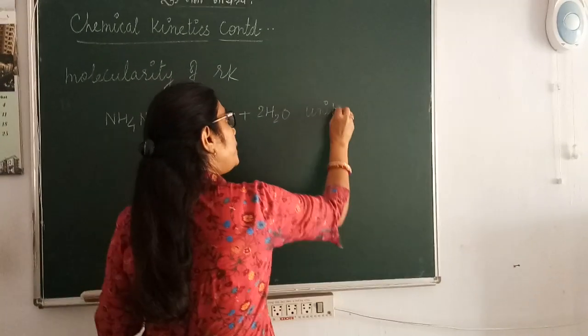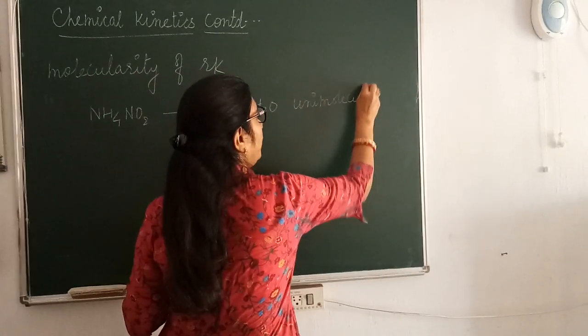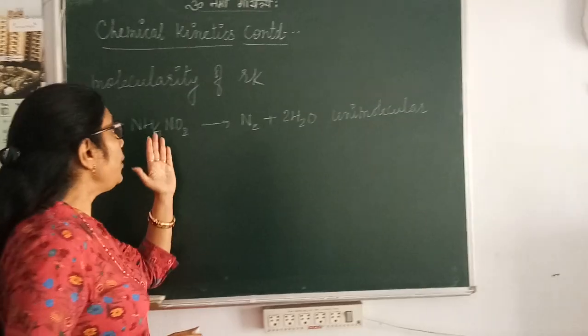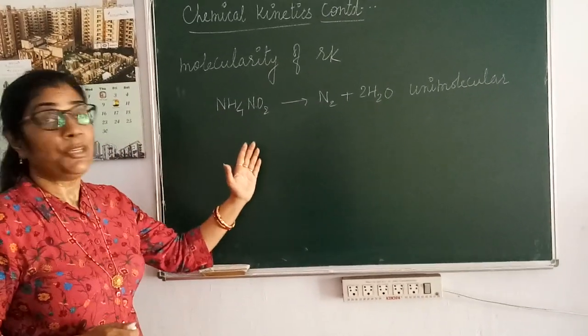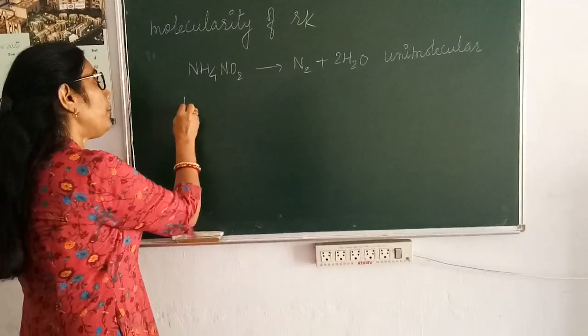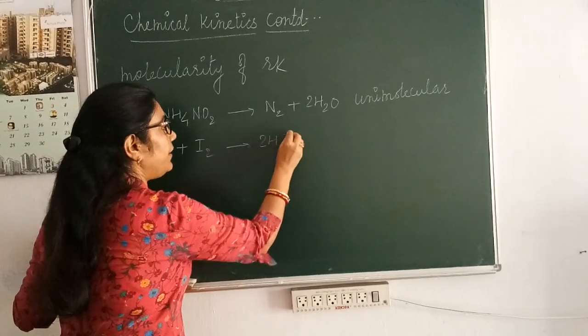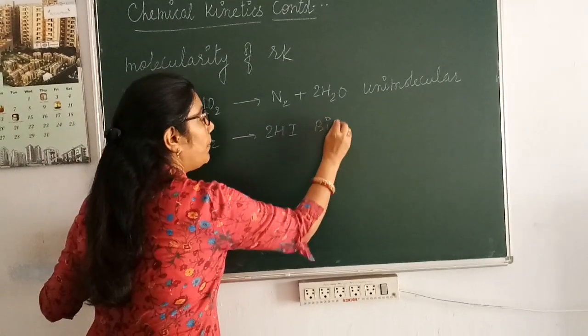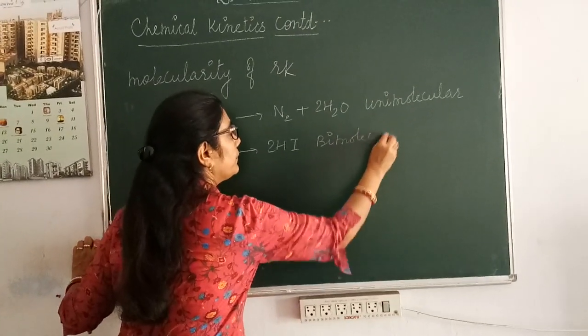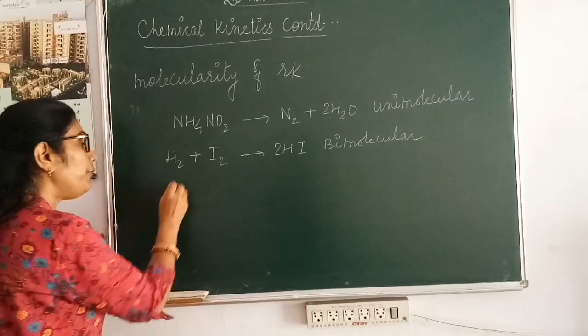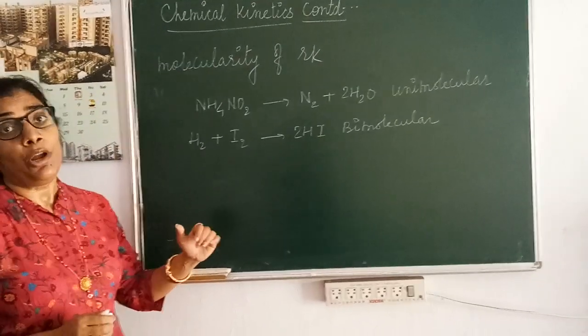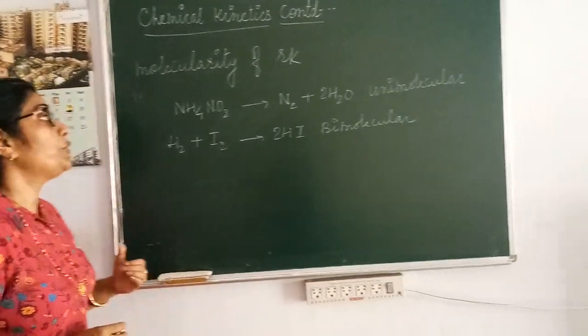This reaction is said to be a unimolecular reaction, since only one mole of the reacting species is taking part. Now, if there are 2 moles, then the reaction is said to be bimolecular. If 3 moles are there, trimolecular, tetramolecular, and so on.